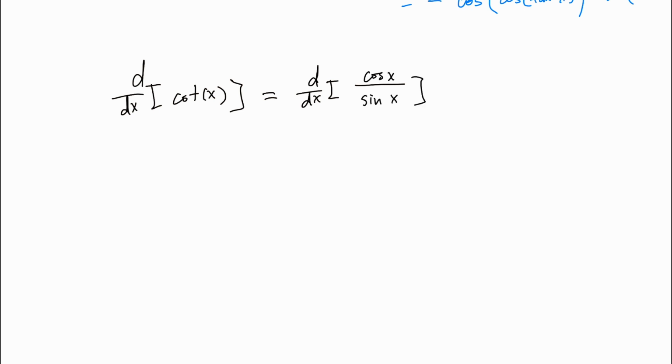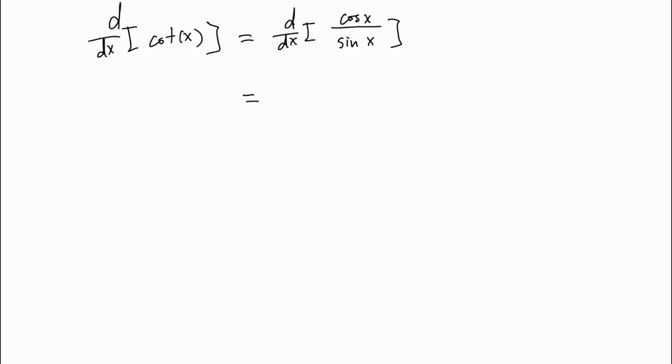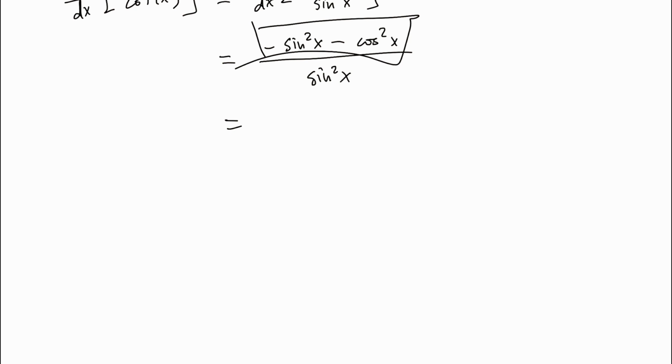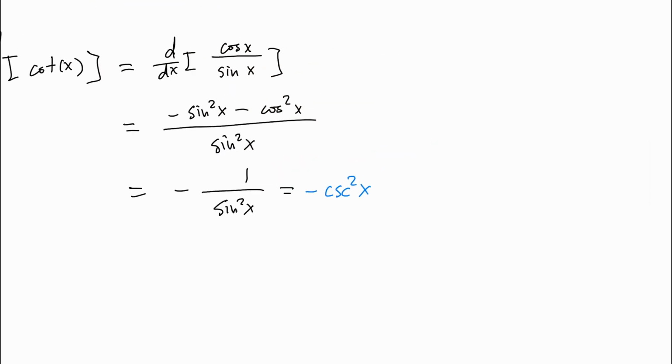So we can use the quotient rule to get negative sine squared of x minus cosine squared of x over the denominator sine squared of x. And simplifying the numerator, you can see that's just negative 1. We just have negative 1 over sine squared of x. And obviously you can simplify that to negative cosecant squared x.